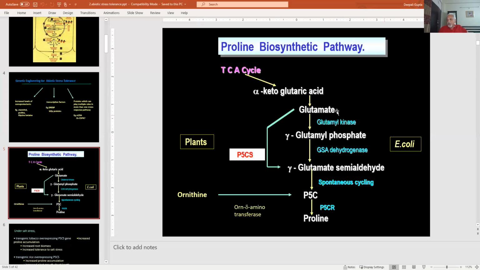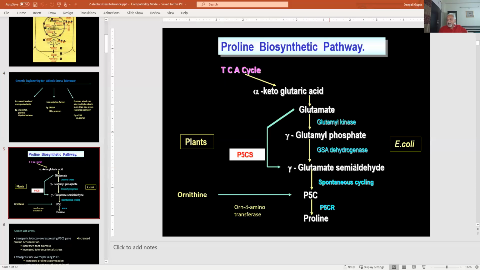In E. coli, it involves three genes, Pro-A, Pro-B, and Pro-C. Pro-A is responsible for glutamyl kinase, which converts glutamate to gamma glutamyl phosphate. And GSA dehydrogenase, which is coded by Pro-B, converts glutamyl phosphate to glutamate semialdehyde.